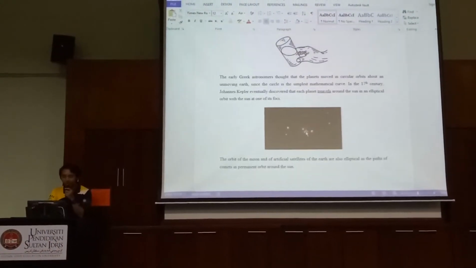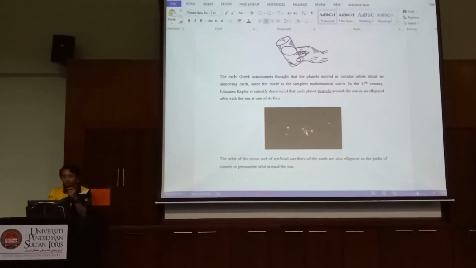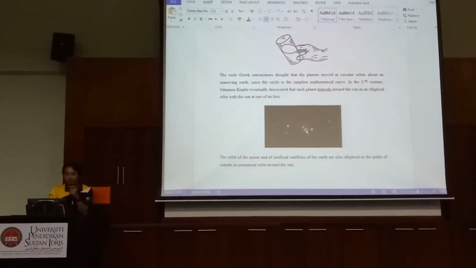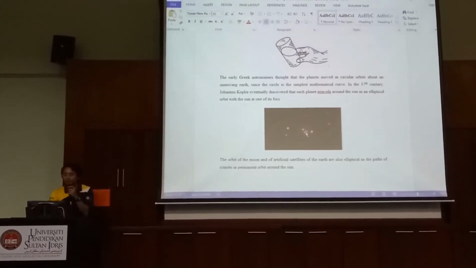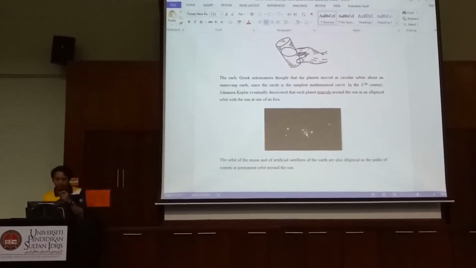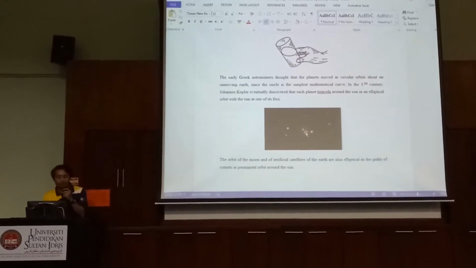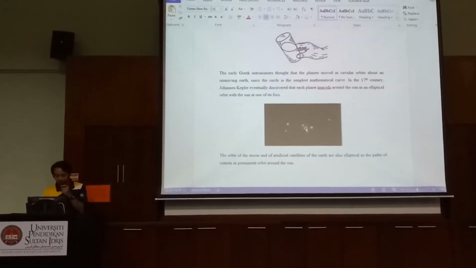The early Greek astronomers believed that the planets move in circular orbits about an unmoving Earth, since the circle is the simplest mathematical curve. In the 17th century, Johannes Kepler eventually discovered that each planet travels around the Sun in an elliptical orbit with the Sun at one of its foci.